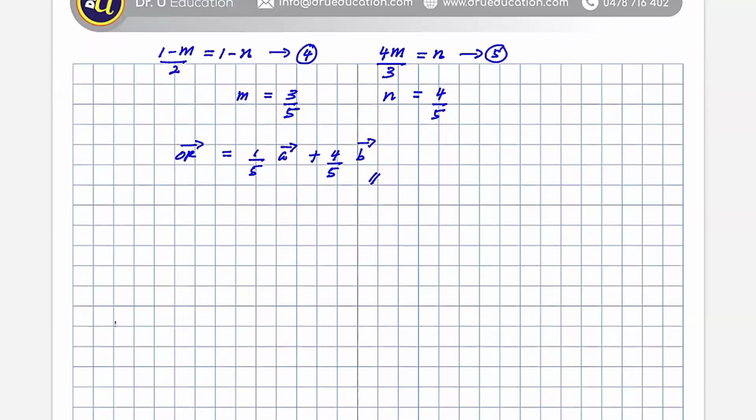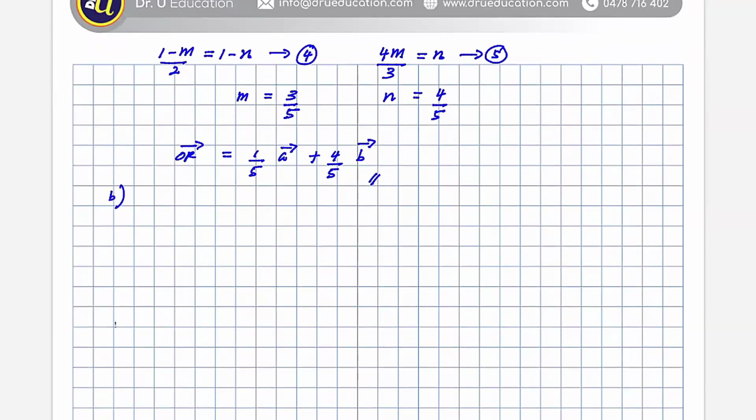So now to support the B part, we need to find AR, right? So AR is equal to AO plus OR. AO is going to be minus A. OR is going to be what we have here.